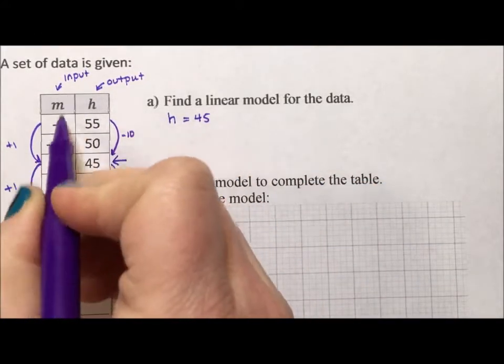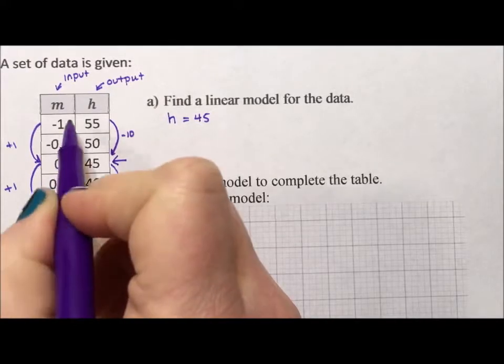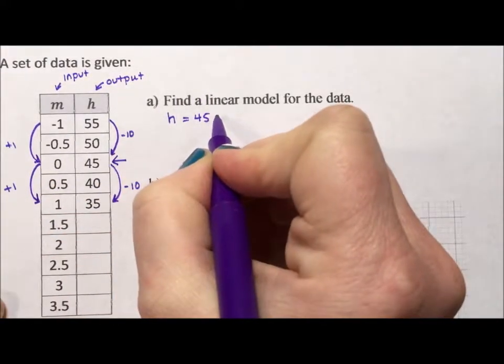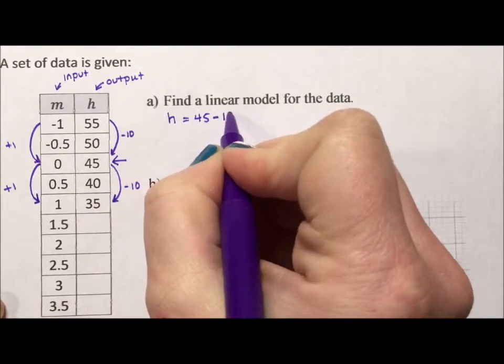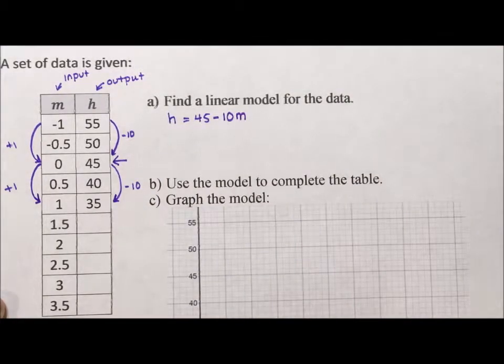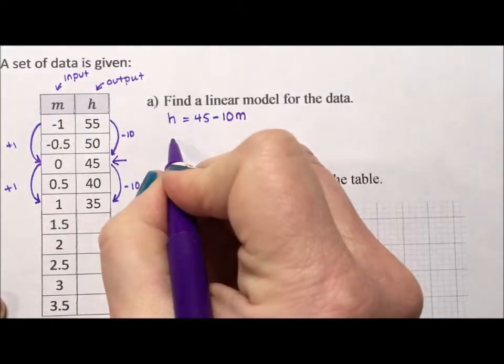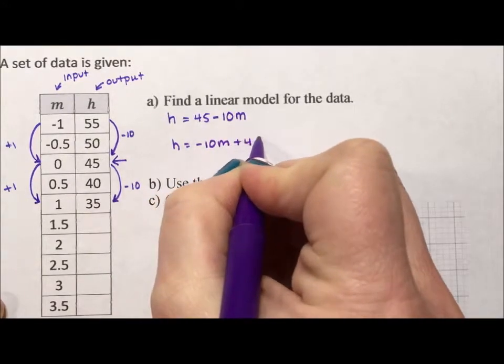That tells me every time the input goes up a solid 1, because that's what I care about, the output goes down by 10. So it goes down by 10 every time the input goes up by 1. Okay, so there's my model. I could have written h equals negative 10m plus 45.